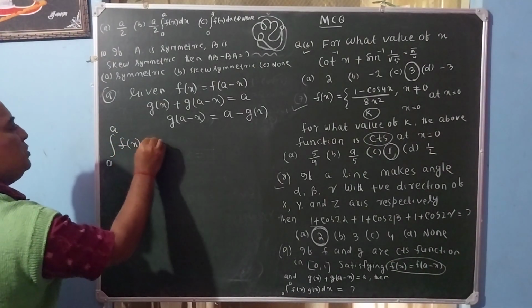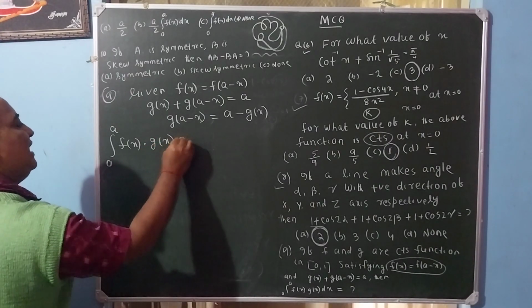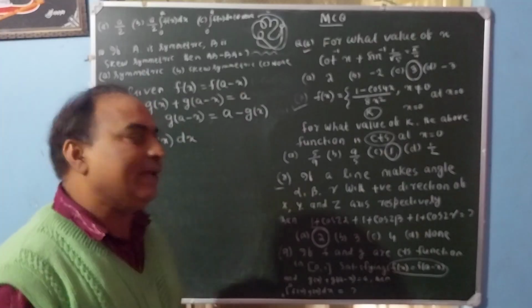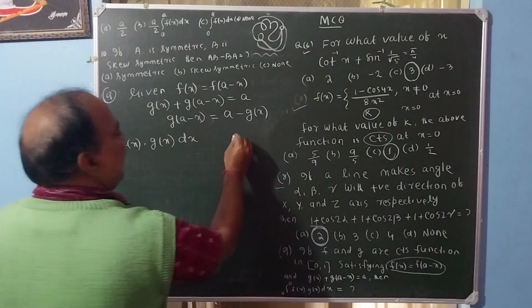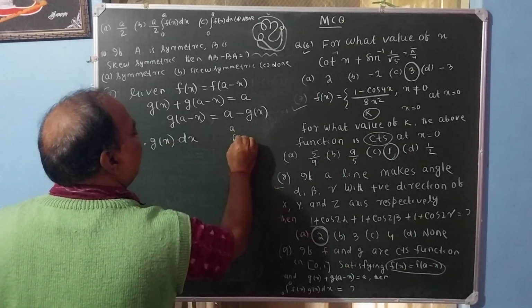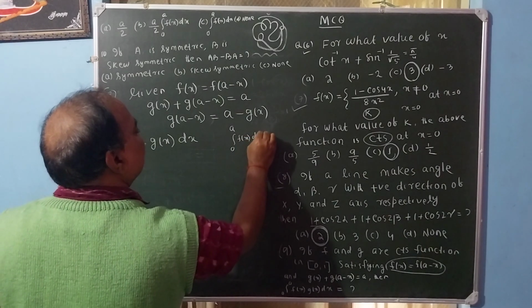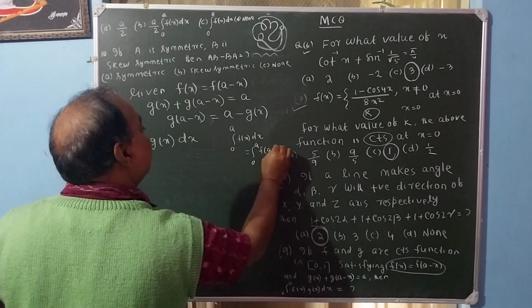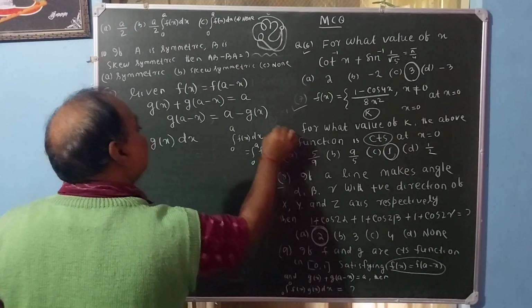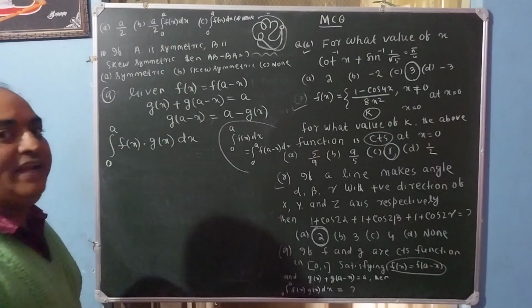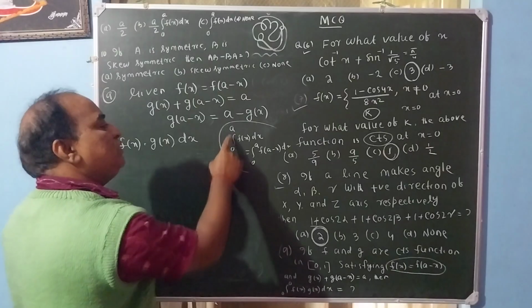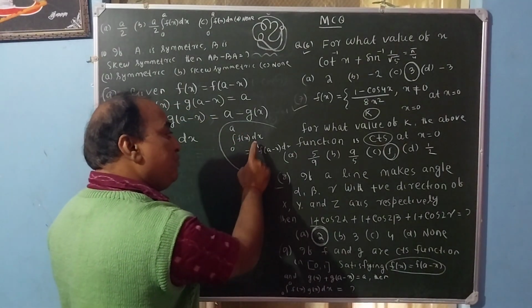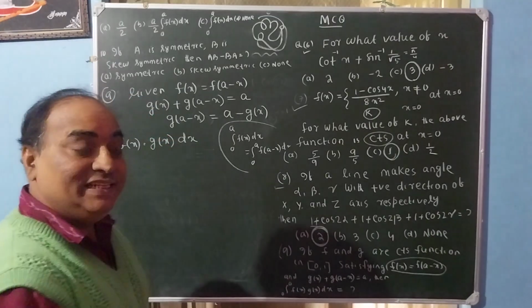There is one formula in definite integral: integration from 0 to a of f(x) dx is equal to integration from 0 to a of f(a minus x) dx.